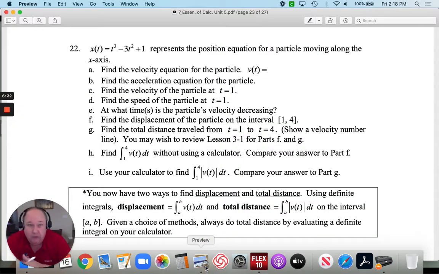Now find the total distance from 1 to 4. To understand the total distance from 1 to 4, is there a time where the object changes direction from 1 to 4?